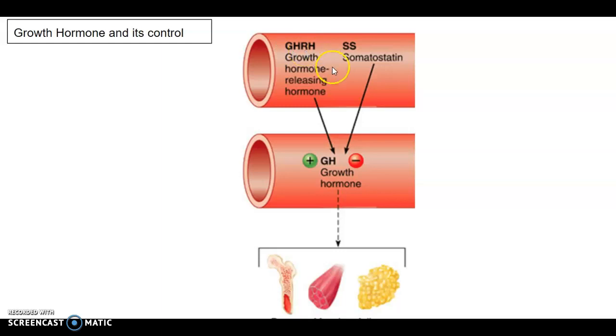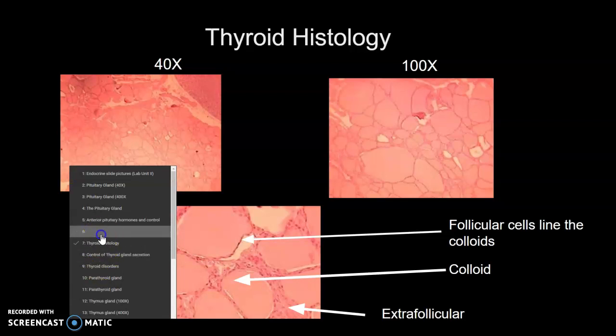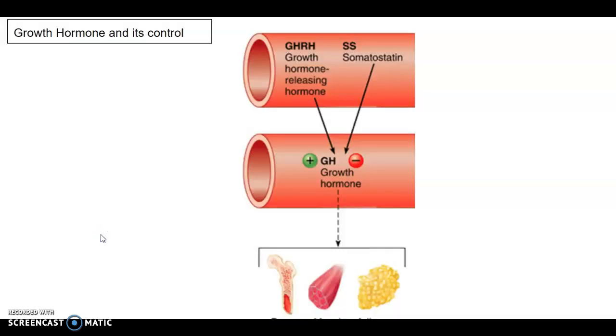No acronym is allowed. Which one that inhibits, then you'll say somatostatin. All right. Now here, let's look at the next hormone. Oh, before we go on, I wanted to also tell you not only is the identification of the gland, but also the hormones, the functions, and what? Diseases.